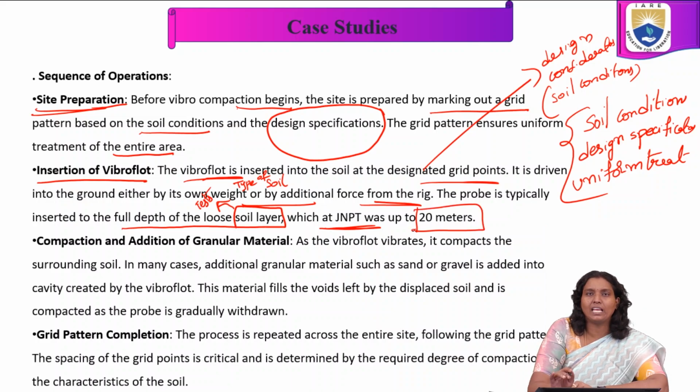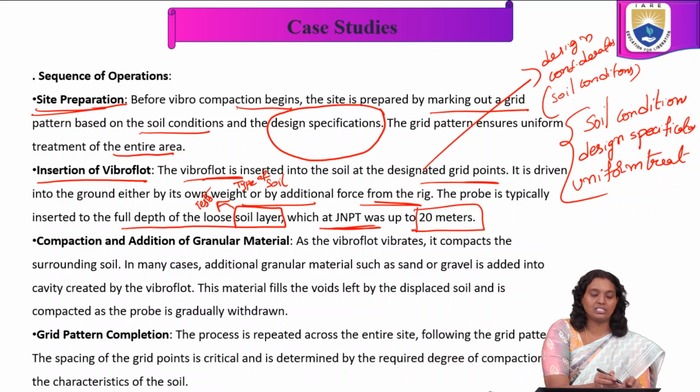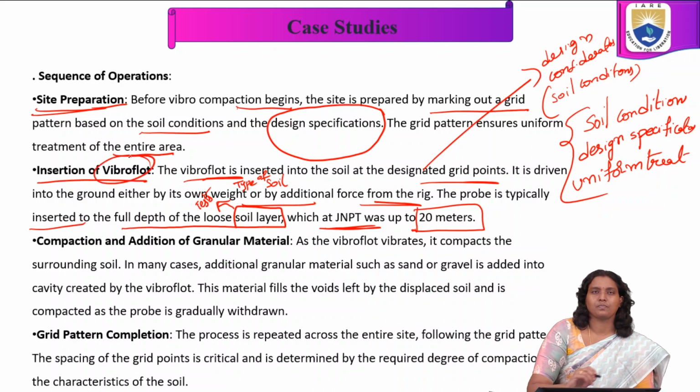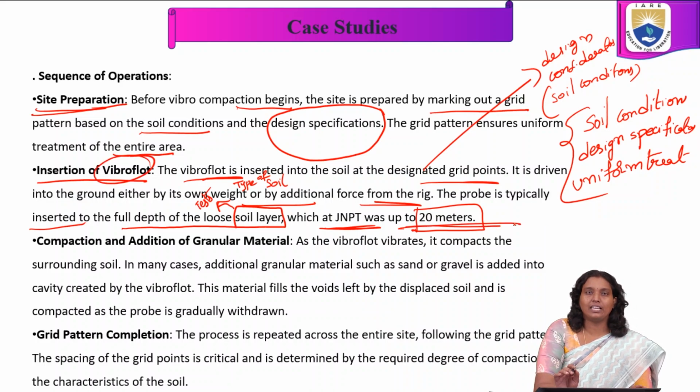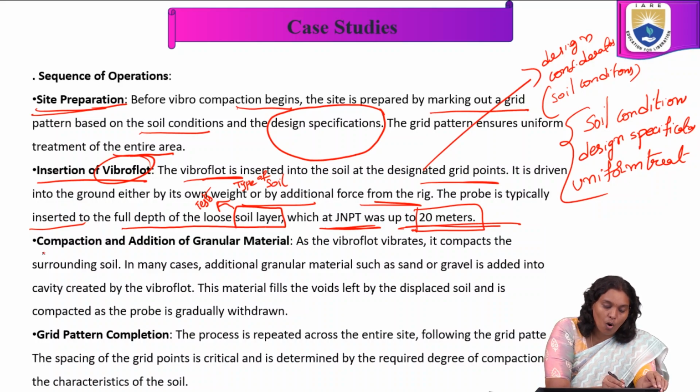It is going to vary depending on how much depth the loose soil area extends, so till that depth we insert the vibro float. And the next process, as part of the vibro compaction technique, is compaction and addition of granular material.